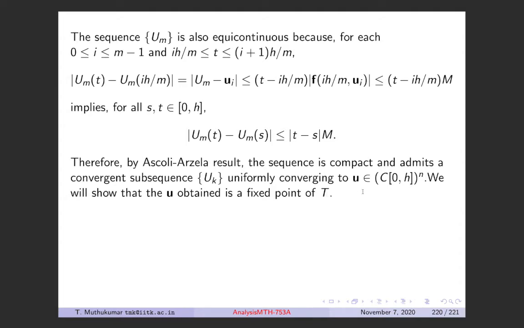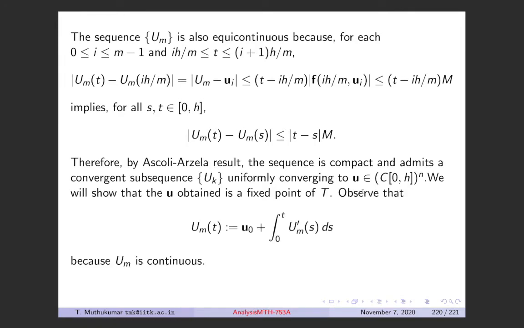For that, let's make some observations. First observe that this u_m by our definition was a piecewise continuous function. That is how we constructed it, right? So for that function you can actually write this as an integral. Why?